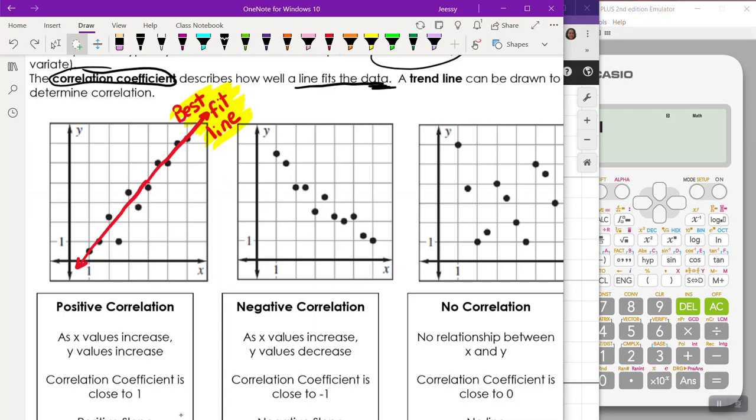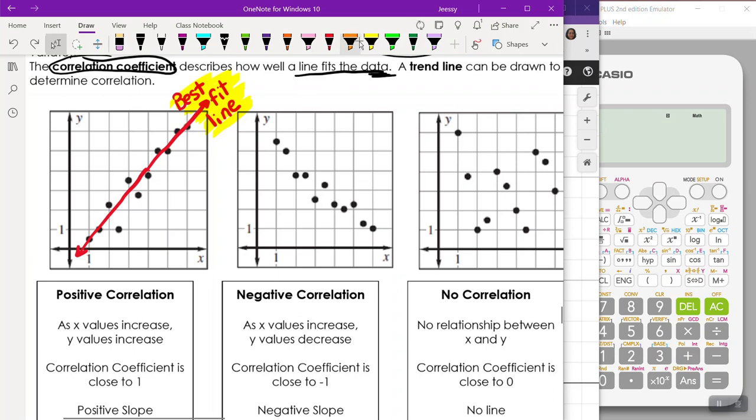So this one, we would say that it has a positive correlation. Positive slope, positive correlation. It's very simple. And the trend for this one is as the x value increases, the y value increases.